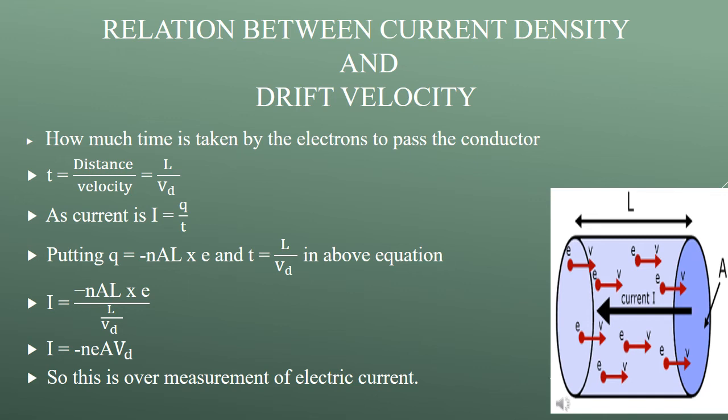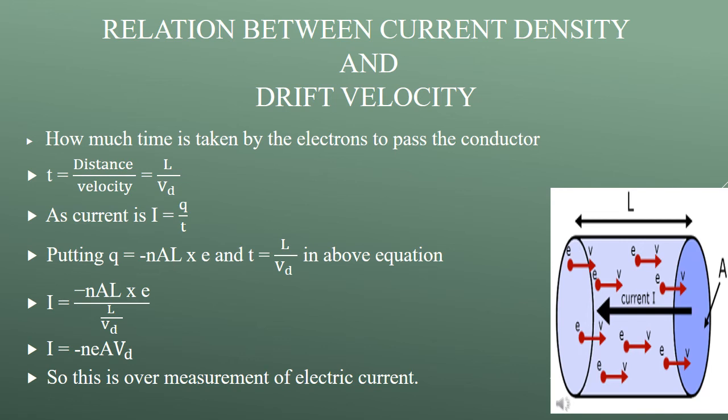So place this value of time and charge in the current formula, which is I equals Q upon t. Q charge is minus nALe, upon time, which is L upon vd. So current is minus vd nAe, which is I equals minus neAvd. So this is our measurement of the electric current. This negative shows that the direction of current is taken as opposite to the direction of vd.